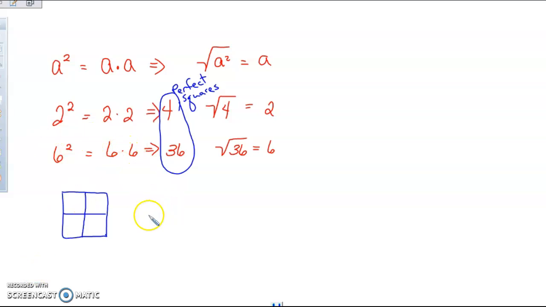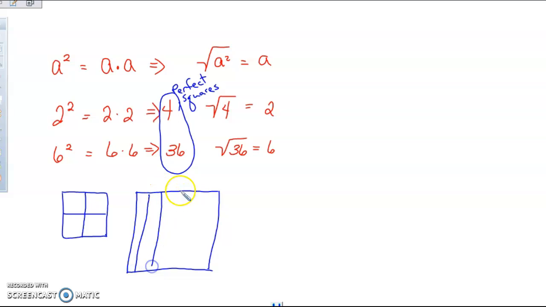The 6 squared means that I have a square that is divided into 6. So I have 6 rows, 1, 2, 3, 4, 5, 6 of 6. That's why they're called perfect squares. Now my drawings are not perfect.